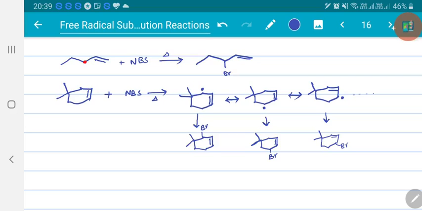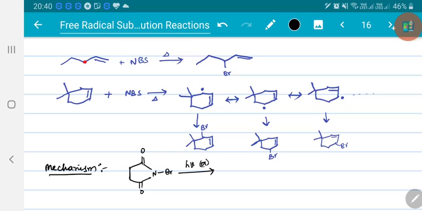Anyhow, whatever it may be, let me check the mechanism of how N-bromosuccinimide shows the radical mechanism. First, N-bromosuccinimide in the presence of sunlight or any free radical initiator, and we have already discussed that peroxides act as free radical initiators, or high temperature or heating.